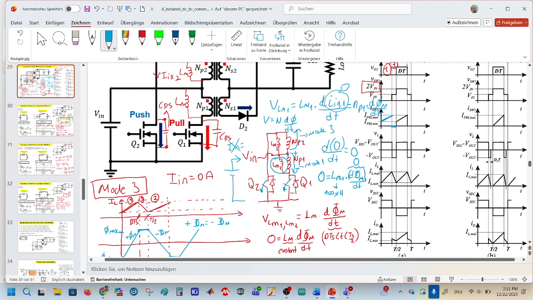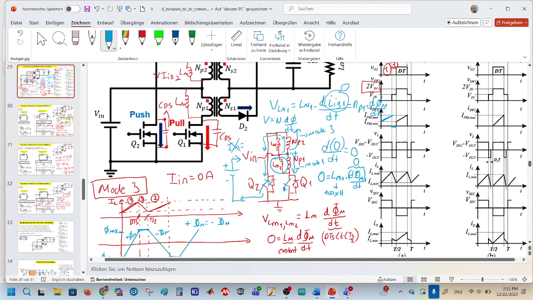What happens in the second mode? Now Q1 is open, and in this case, Q2 is on. Aha, okay. The current now again flows from my source, but in this direction, like that. And if this switch is on, this is off, the polarity on the primary side changes.